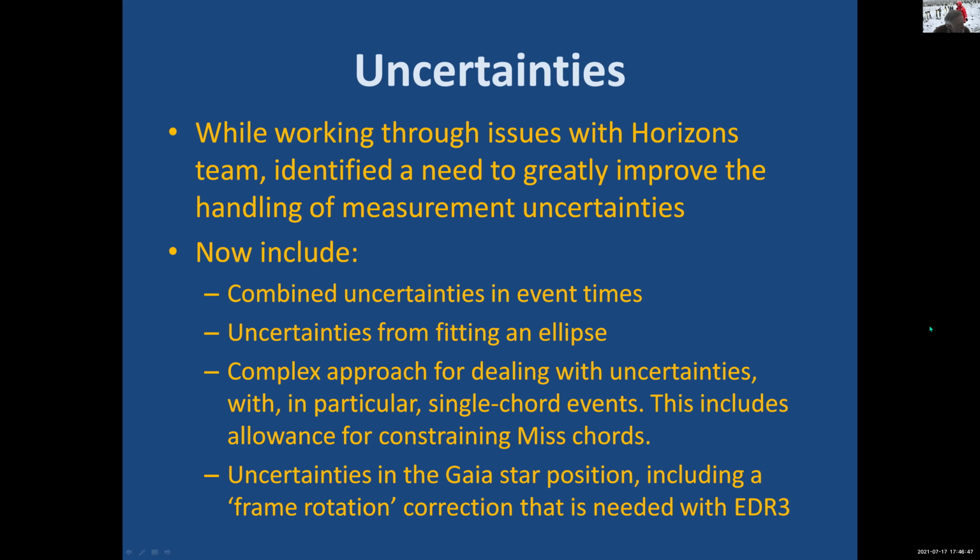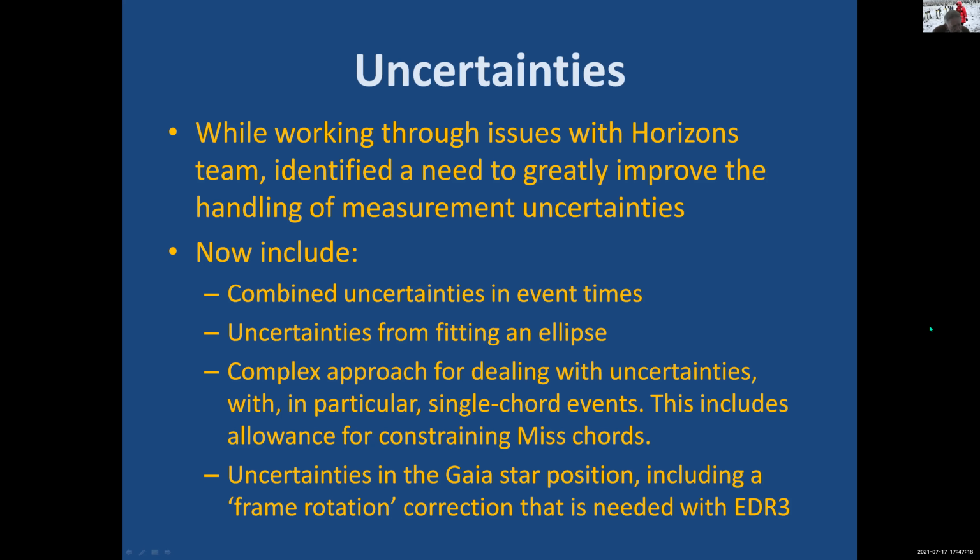People's event times, we combine those to get an overall uncertainty in event times. We have uncertainties from fitting an ellipse. We have complex arrangements for dealing with issues with the shapes of asteroids and the ability to report a centre of mass position rather than a centre of figure position, because centre of mass is what the gravity works on.